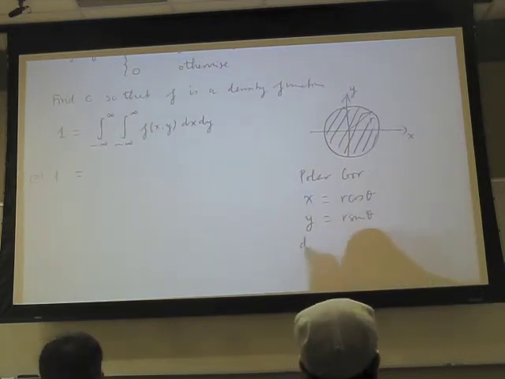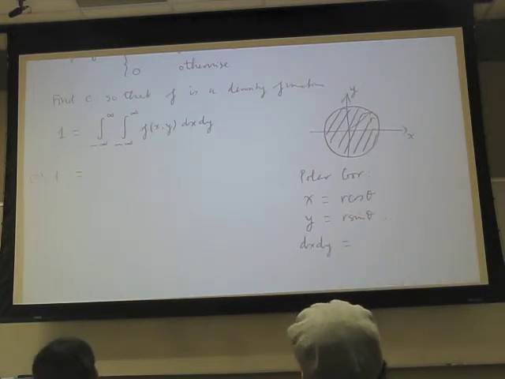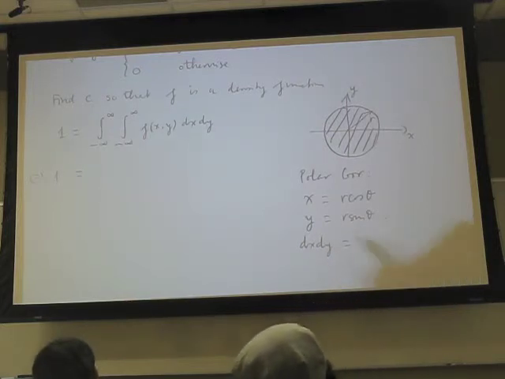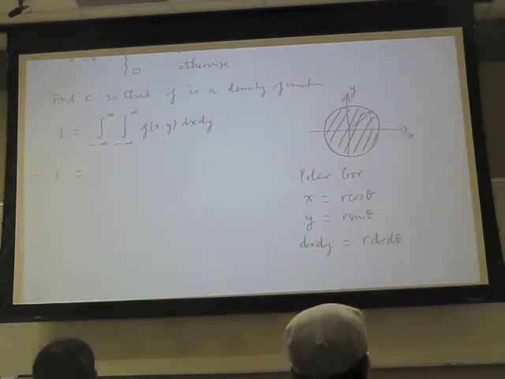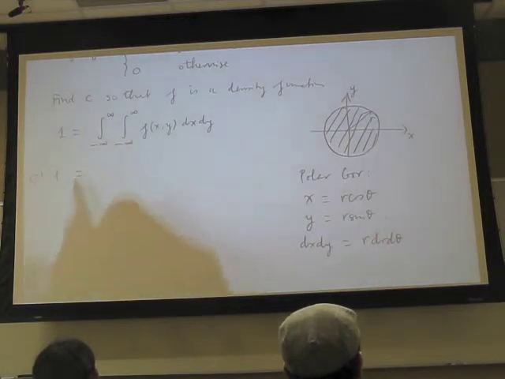And then my dx dy is going to get changed by the Jacobian of the matrix. So in this case, it's going to be r dr d theta, right?